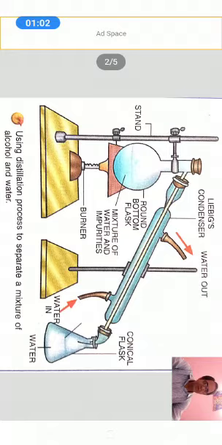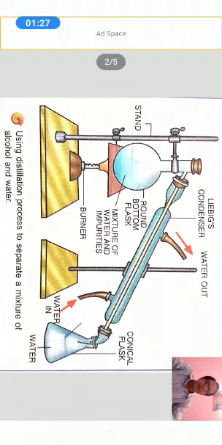Distillation apparatus consists of a round bottom flask, a condenser which is called Liebig condenser, in which the heated vapors are cooled back to the liquid state, and a receiver in which the purified liquid called distillate is collected.